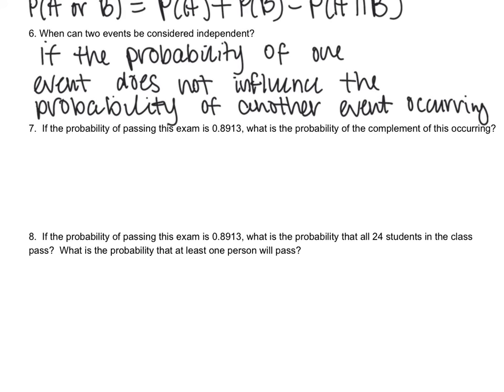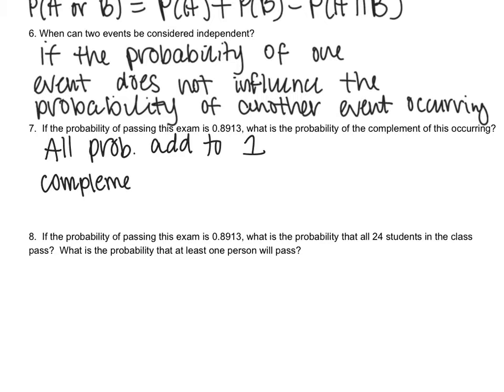Number 7, if the probability of passing this exam is 0.8913, what is the probability of the complement of this occurring? So remember, all probabilities add to 1.